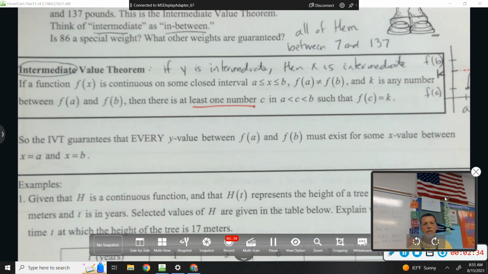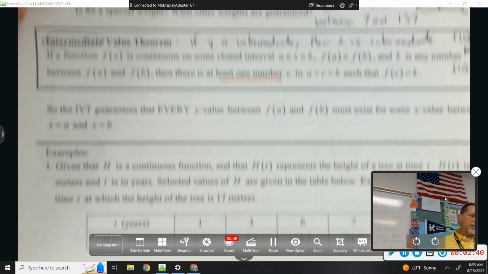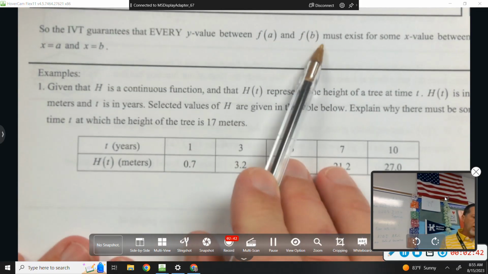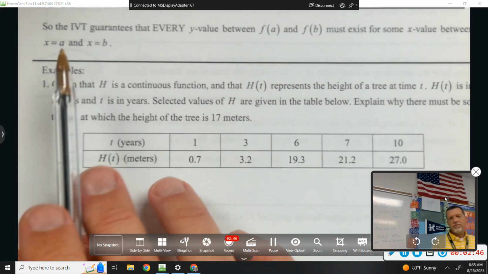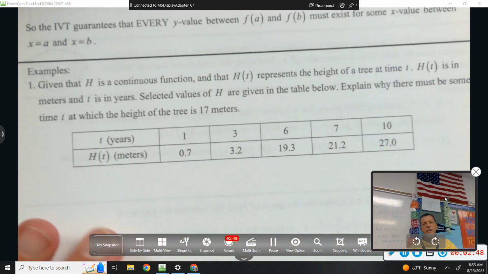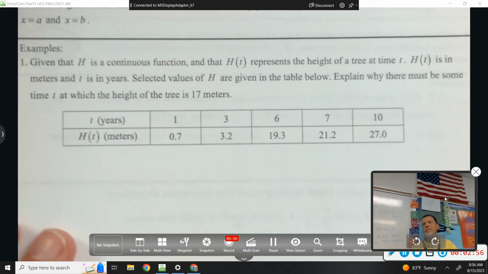At least one. So IVT guarantees that every y value between f of a and f of b must exist for some x value between a and b. It gets confusing using a's and b's and f of a and f of b and k and c. If y is in the middle, then there's got to be at least one x in the middle.